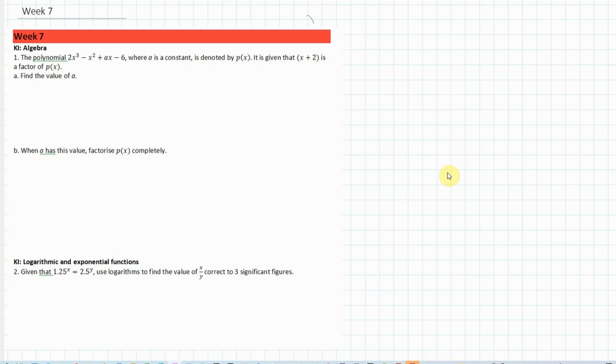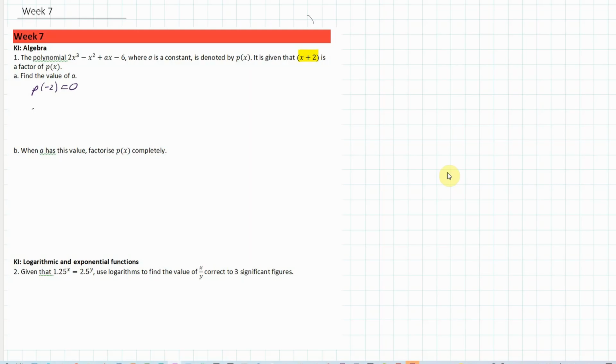Okay, so the first one here, we have a polynomial p(x) = 2x cubed minus x squared plus ax minus 6, where a is a constant, and we know that x plus 2 is a factor, and we need to find the value of a. Since x plus 2 is a factor, p(-2) should be equal to 0.